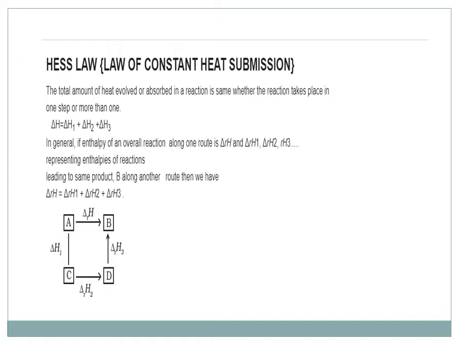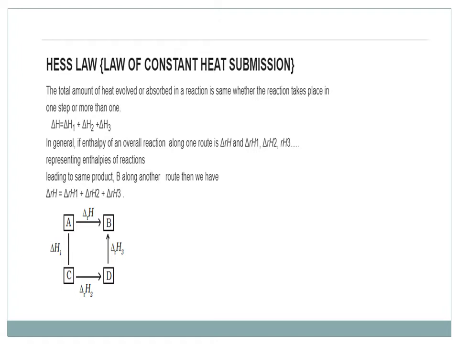In general, if the enthalpy of an overall reaction along one route is delta H, and the enthalpies of reaction are delta H1 for the first, delta H2 for the second and delta H3 for the third and so on, then it can be represented as follows.